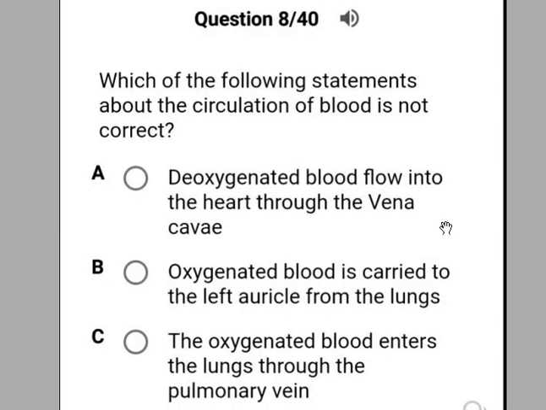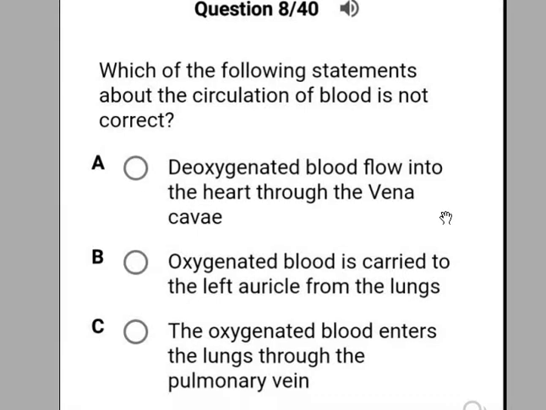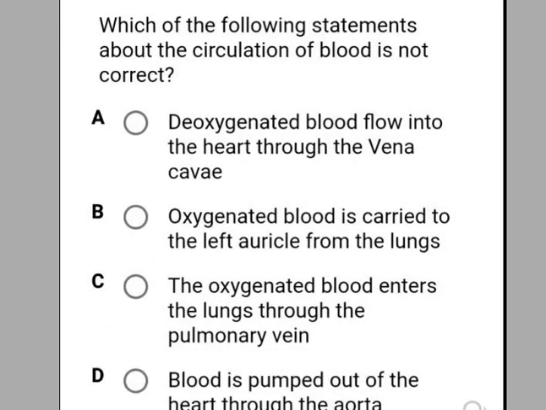Which of the following statements about circulation of blood is not correct? A. The oxygenated blood flows into the heart through the vena cava. B. Oxygenated blood is carried to the left auricle from the lung.